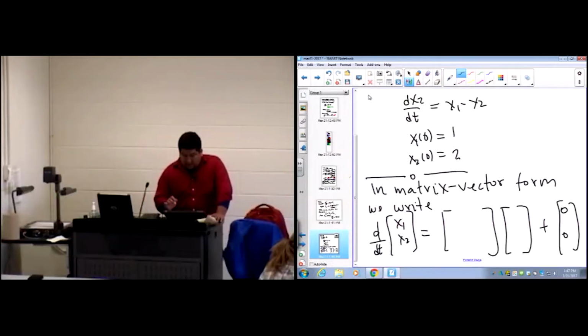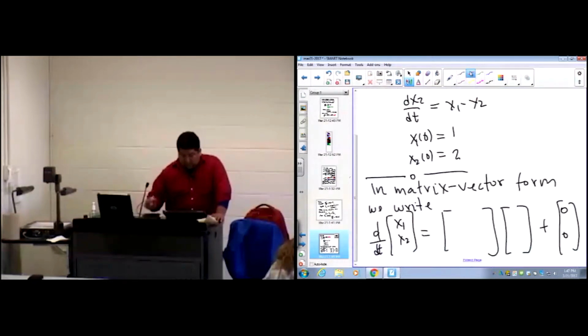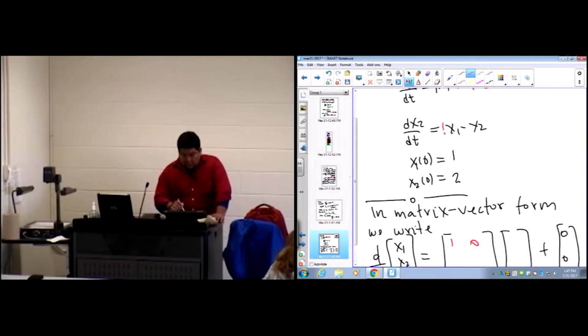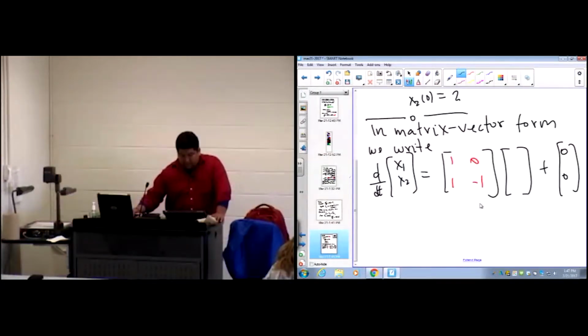So we can write this matrix, with first column 1, 1 and second column 0, minus 1, multiplying the vector x1 and x2. I think we have probably worked these out before.